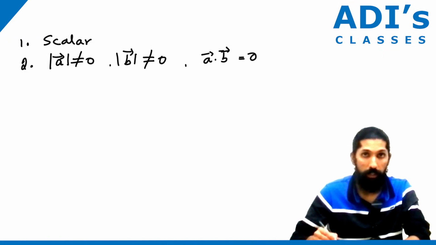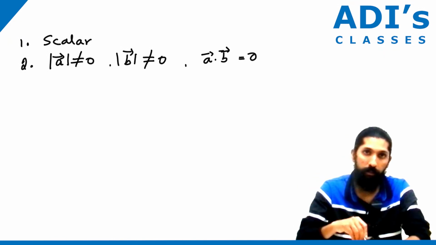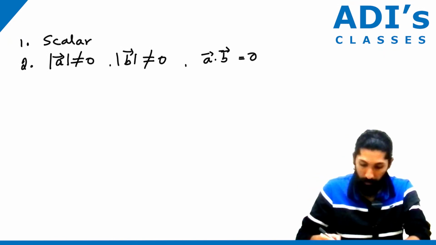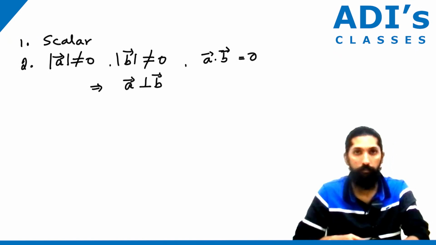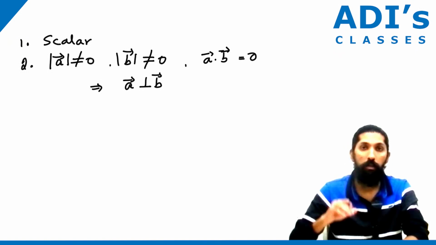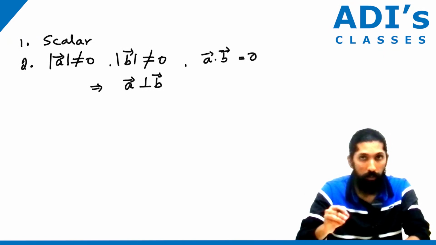Then the angle between vector A and vector B is 90 degrees. In other words, we can also confirm that vector A is perpendicular to vector B. The reason is cos 90 has to be 0. They are called orthogonal vectors.